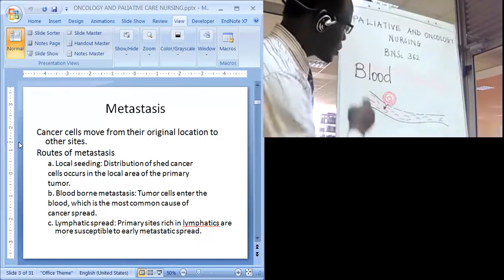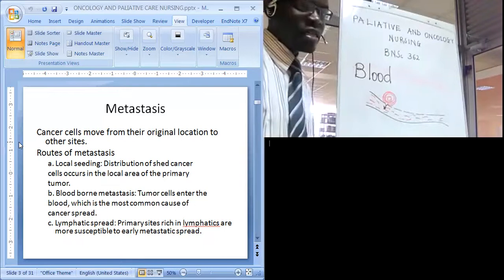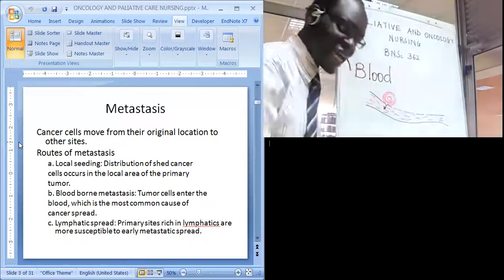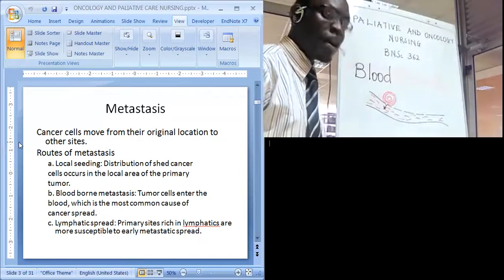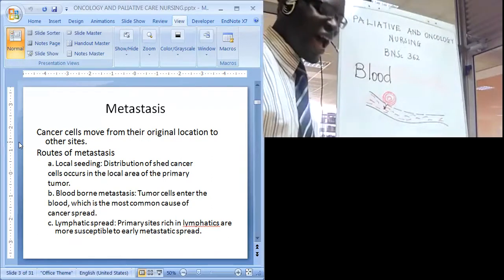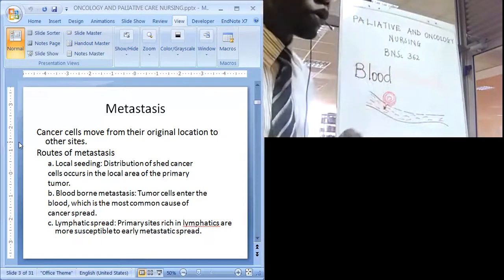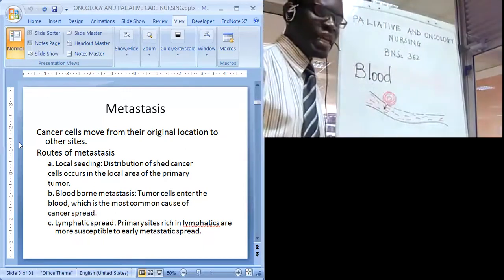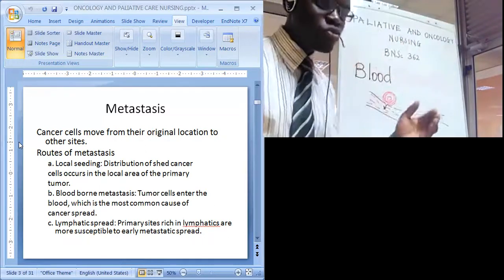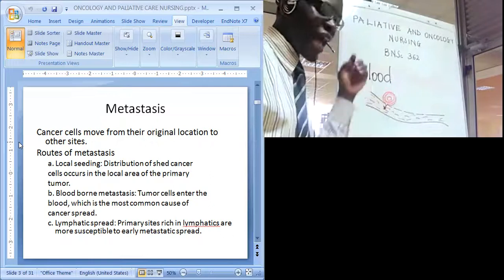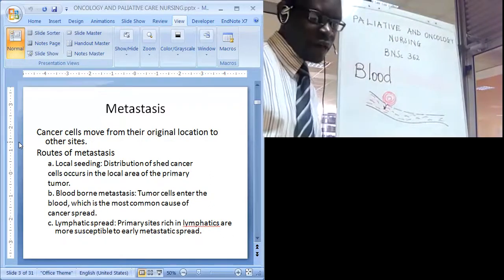As a result, the cells also end up within the lymphatics, and they are taken to other areas where they further spread. So those are the three major ways of metastasis. In other words, that is how cancerous cells move from their initial place of development to other areas.